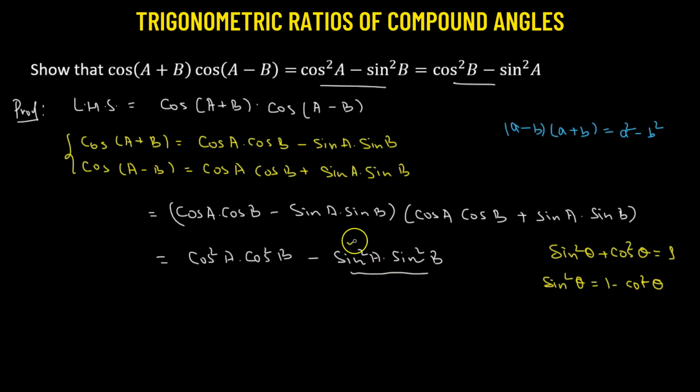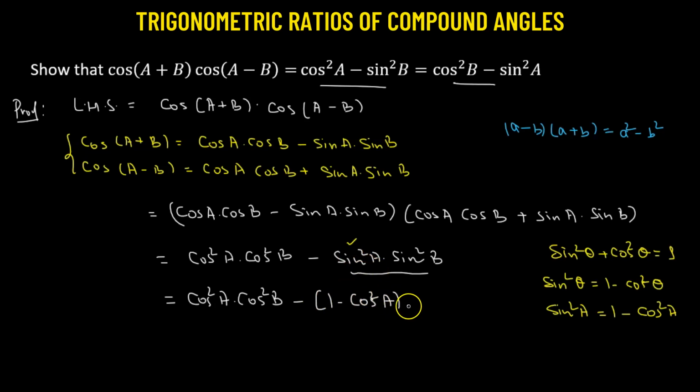So let's begin by first working with sine squared a. We can rewrite sine squared a in terms of the cosine function as 1 minus cosine squared a. Everything else we are not going to change. So we get cosine squared a multiplied by cosine squared b minus, now instead of sine squared a we'll have 1 minus cosine squared a, whole multiplied by sine squared b.